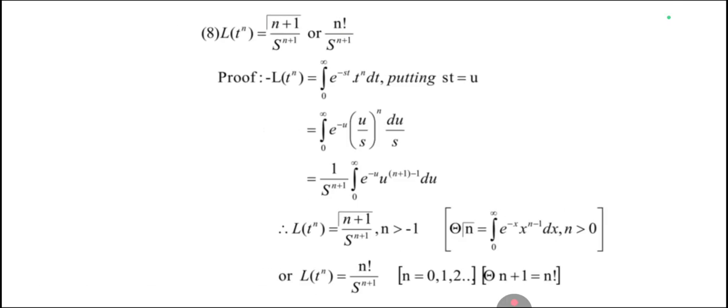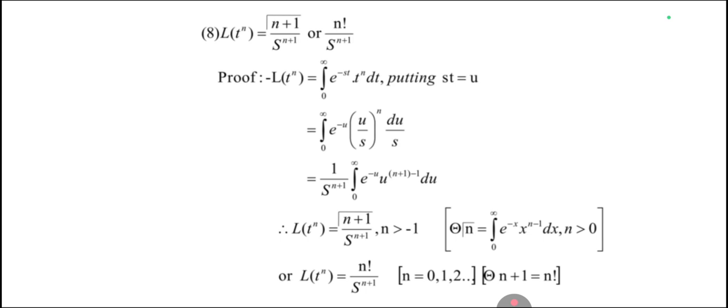The next result is L of t power n, which is equal to gamma of n plus 1 divided by s power n plus 1, or we can write n factorial by s power n plus 1. Now we are going to prove this one.